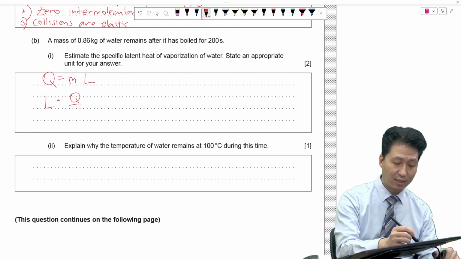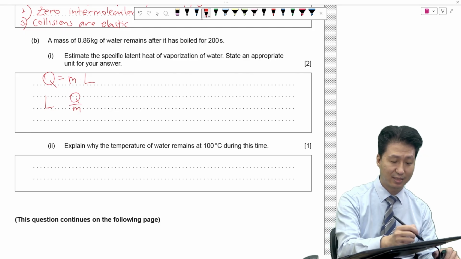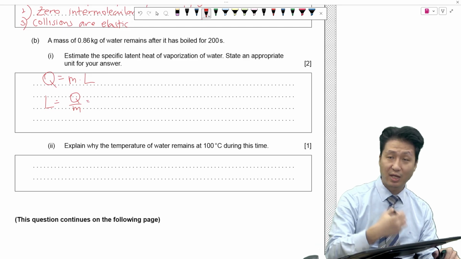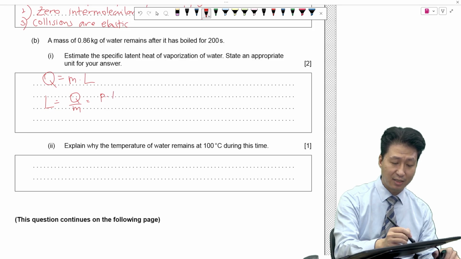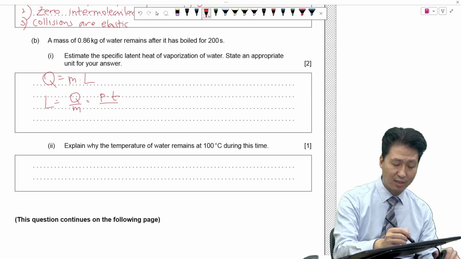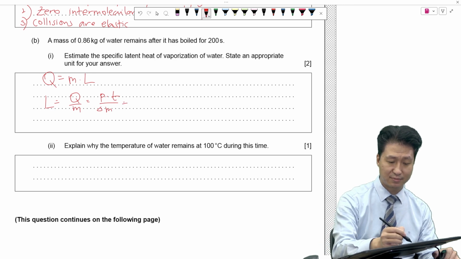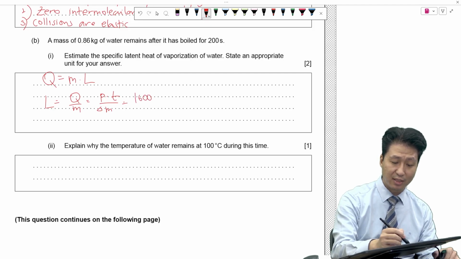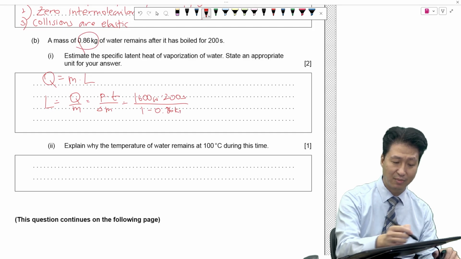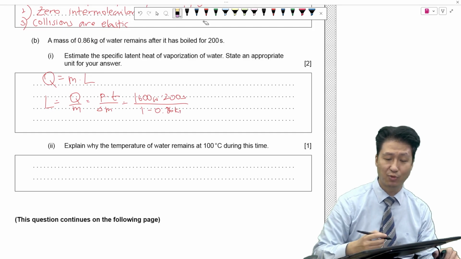This would be the heat required per mass. And since you have the power, the heat is the power times the time required. And the mass would be the change in the mass. In this case, the power is 1600 watts, time is 200 seconds, and the mass is 1 kilogram minus 0.86 kilograms, because it's what remains, not what has boiled off.